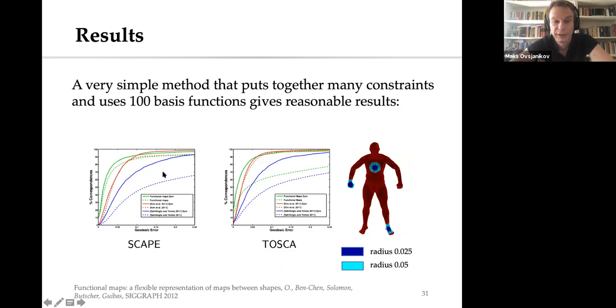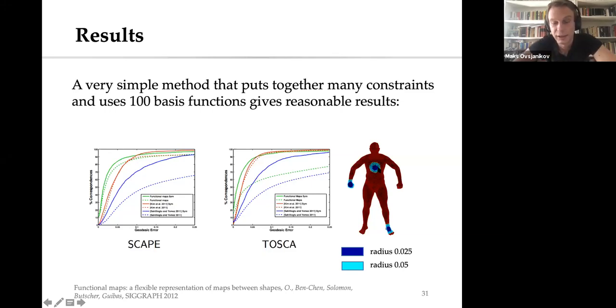We also evaluated numerically against some existing techniques at the time. You often see these kinds of plots where on the x-axis you see some error, and on the y-axis the percentage of correspondences, the points that I computed, that are below this error. For example, on a mesh like this, a radius of 0.05 is approximately of this size, and at the time we got something like between 80 and 90% of all the points within this radius of the ground truth.